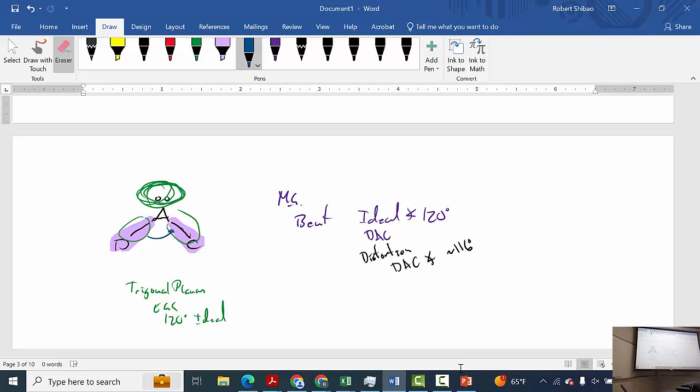So the DAC, oops, let me go with a different color. The DAC angle is 120 degrees ideal and about 116 degrees distorted.